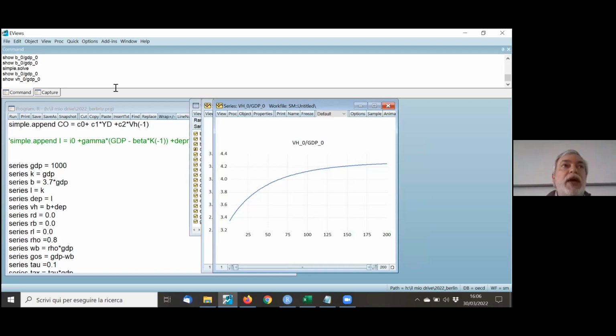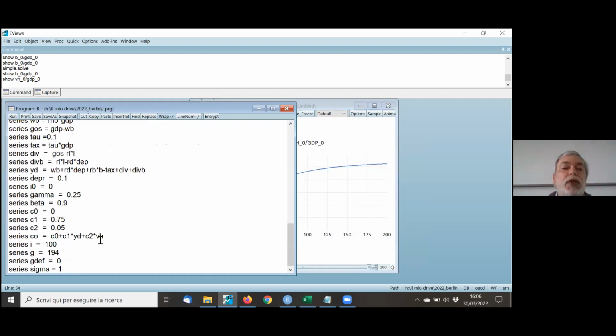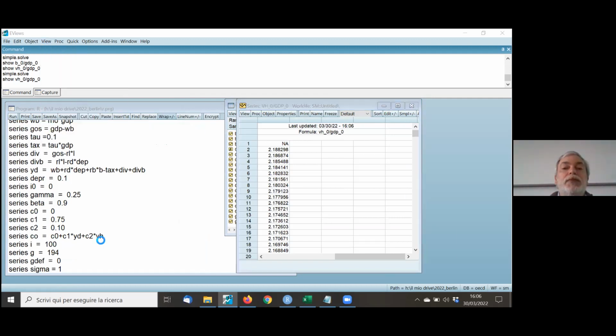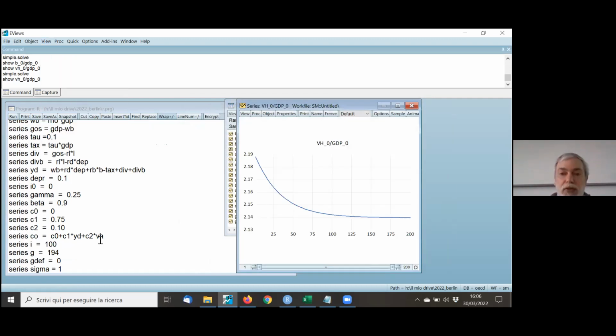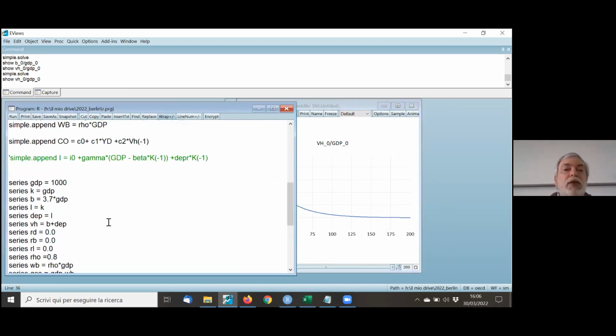So this should depend on the parameters in the consumption equation. So let's try to see what happens if we change these values here, increasing the consumption out of wealth. Now this is converging towards a smaller value. So let's look at B as well.